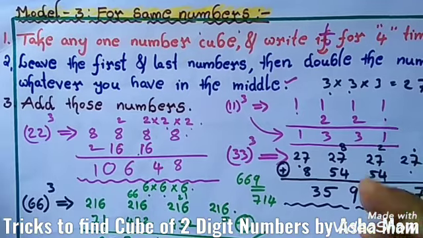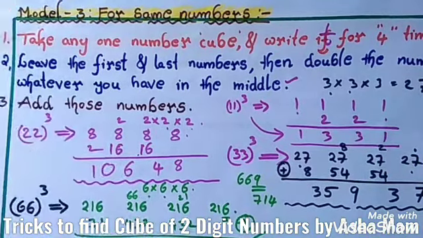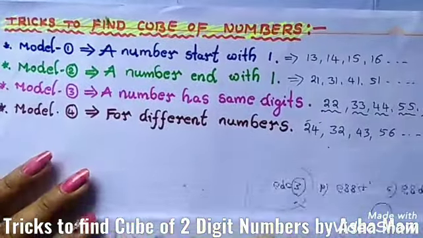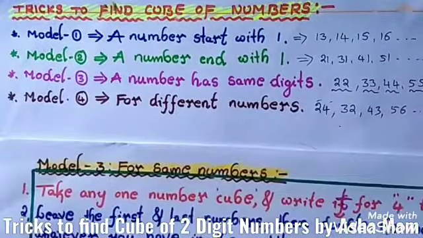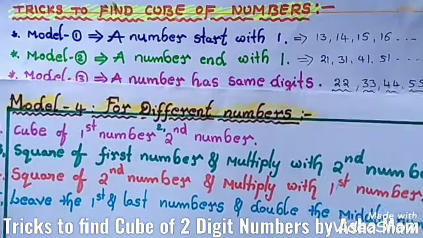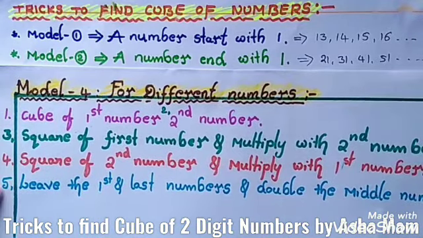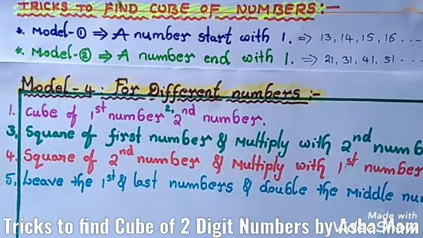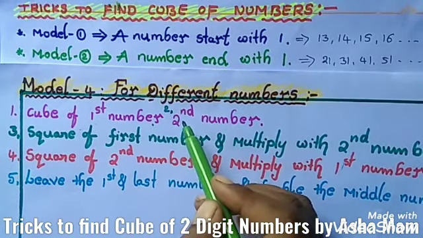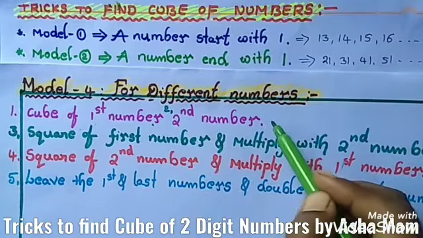Now let us see next one, model number 4. What I have written here in these tricks. So here 3 models completed. Now model number 4. Let us see briefly. What I am going to tell you is model number 4. For different numbers, what we have to do, cube the first number, that is rule 1, okay, and in rule 2, cube the second number.